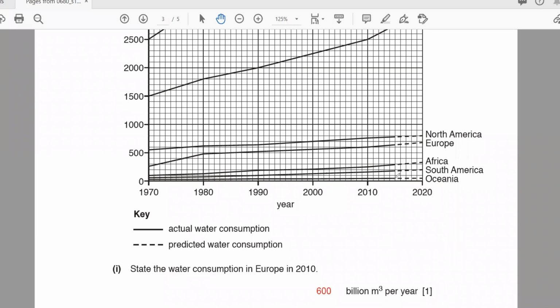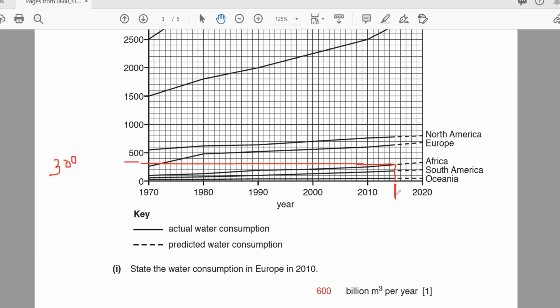Where is Africa? This one. And this is 2015 here. If you go this way, this is 300, the total water used by Africa in 2015.